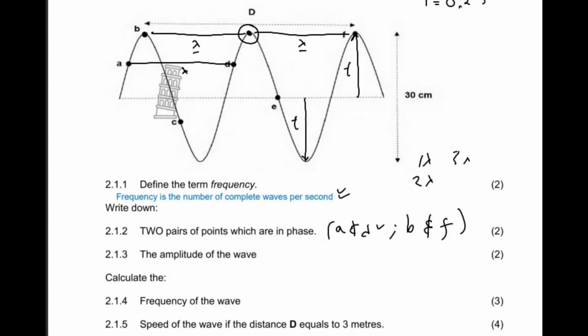So if I wanted the amplitude, it means I can just take this distance from the trough to the crest, which is given to us as 30 centimeters, and simply divide by 2.